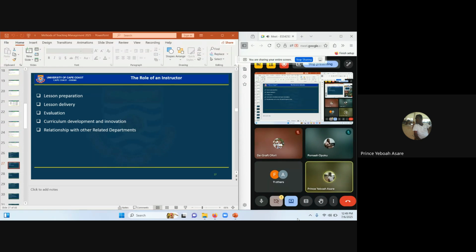This must be noted. So these are the roles that an instructor must play or execute in the school setting: lesson preparation, lesson delivery, evaluation, curriculum development and innovation, and relationship.